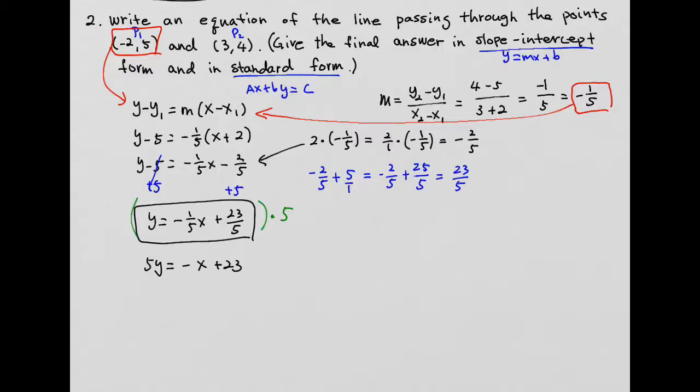Cancel out the denominator, right? And then put x first. So if I move x to the left side, it becomes positive x plus 5y equals positive 23. So this is going to be my standard form of the equation that passes through these 2 points.